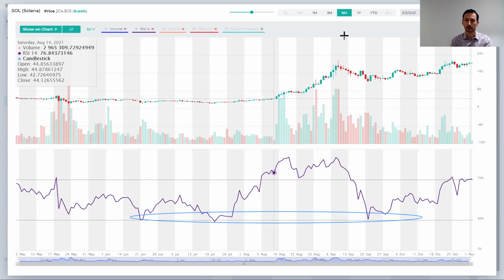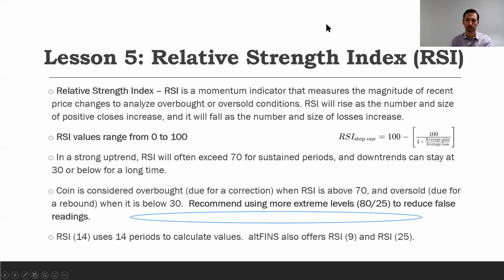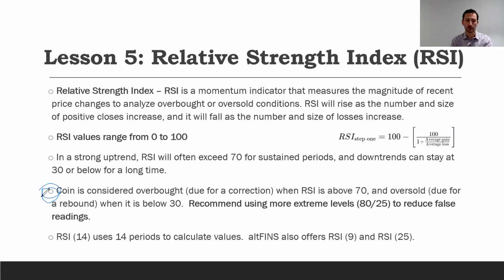So let's go ahead and look at the rest of the slide here. As I mentioned, technically, the definition oftentimes mentioned out there is that 70 and 30 are the thresholds, but again, it depends on the context, and that's why I recommend using more extreme levels to make decisions.